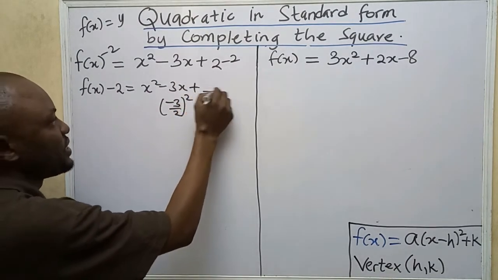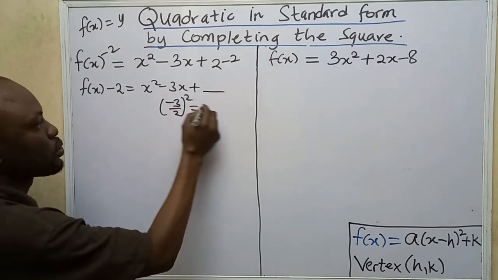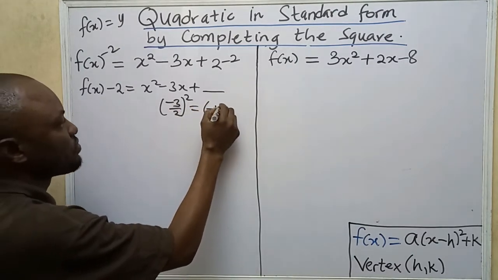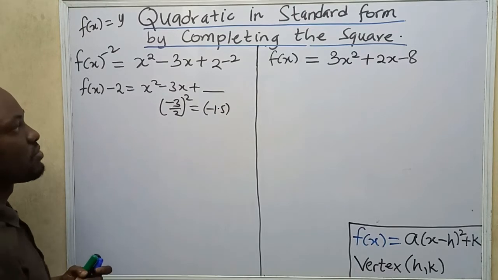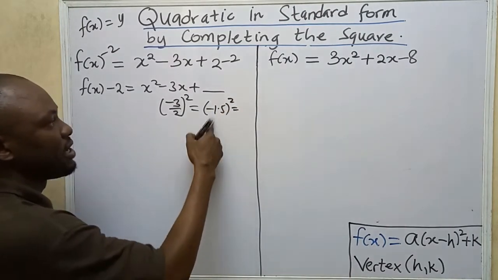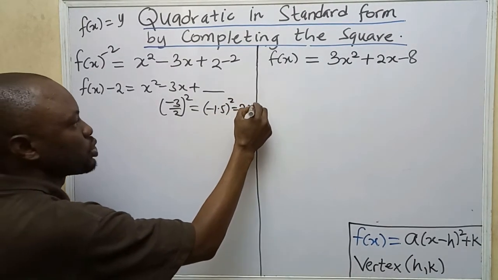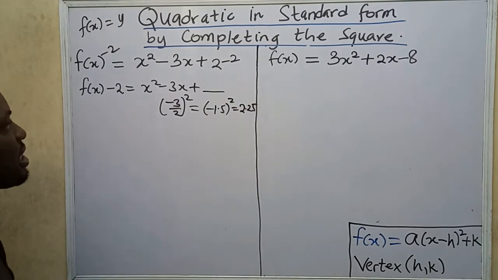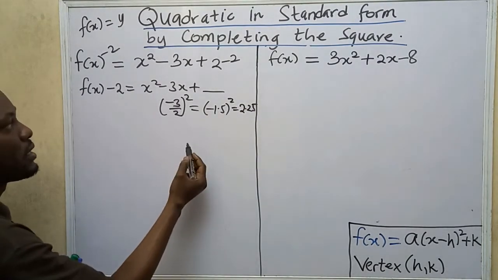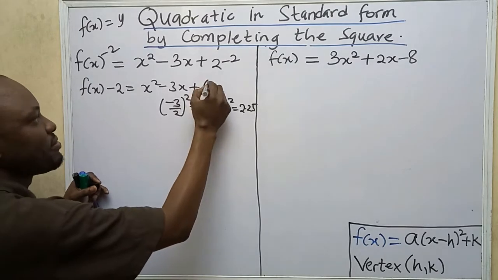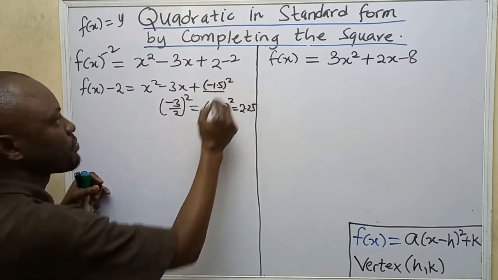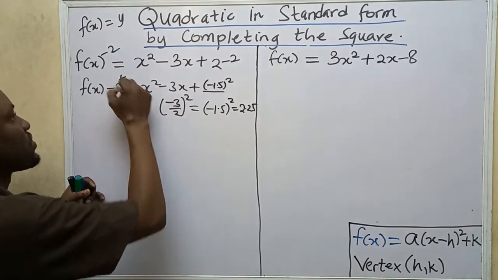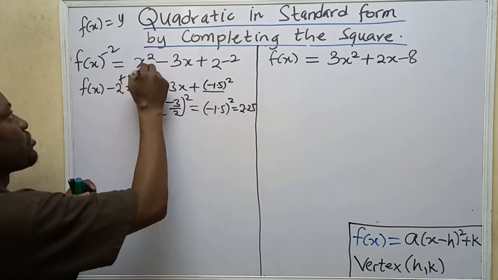So I'll do a plus dash here. This is negative 1.5, 3 divided by 2 gives me 1.5, all squared. If I square that, I have 2.25. Now the next thing I'm going to do is add this to both sides. On this other side, I'll leave it in this form, 2.25.